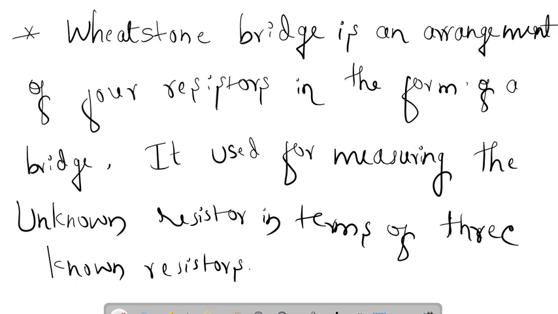See, Wheatstone bridge is an arrangement of four resistors in the form of a bridge. It is used for measuring the unknown resistor in terms of the three known resistors. So this is the concept here.